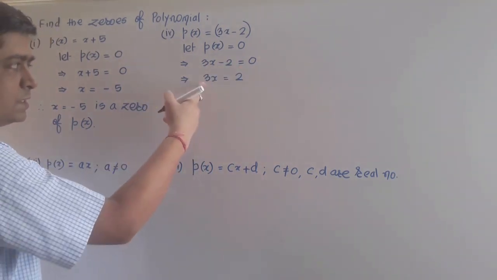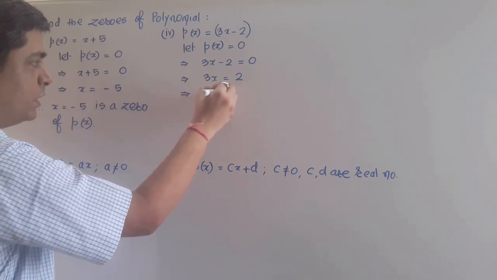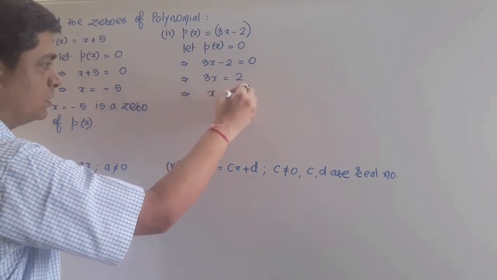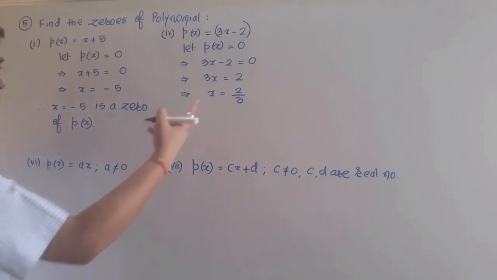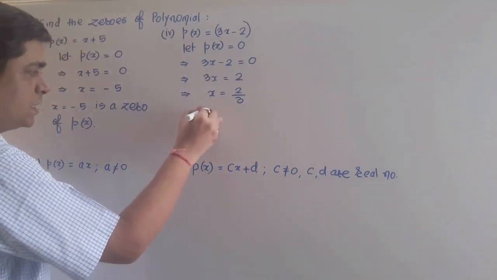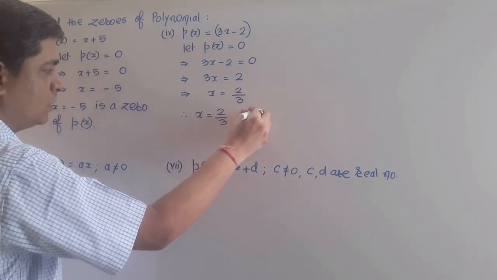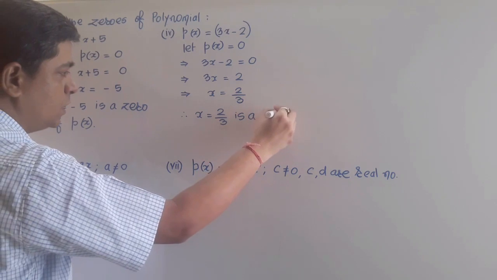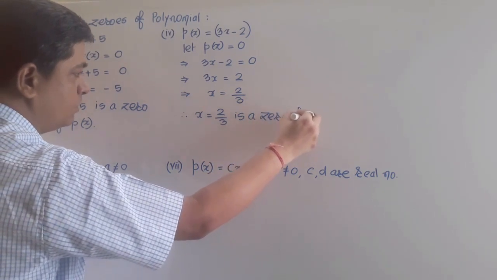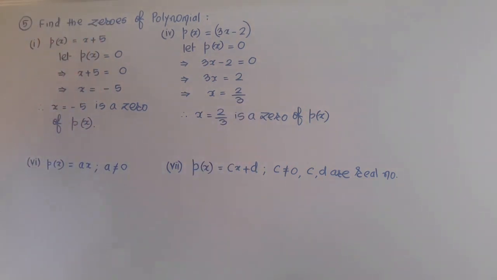And 3 is in multiplication, so it will come to the place of the denominator, so the value of x is 2 upon 3. So you can see that x equal to 2 upon 3 is a 0 of the given p of x. This will be the answer of part number 4.